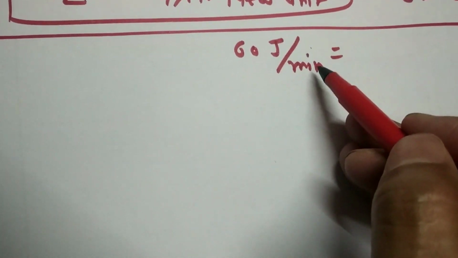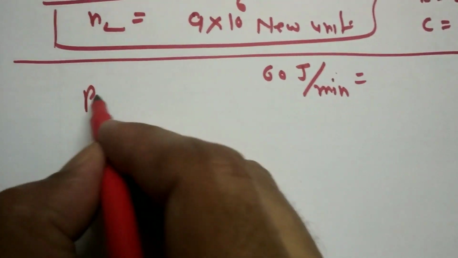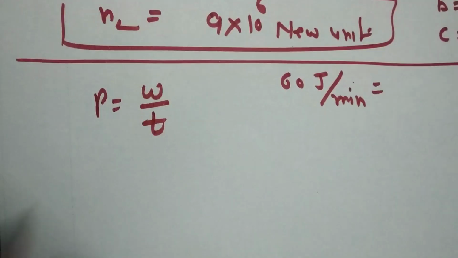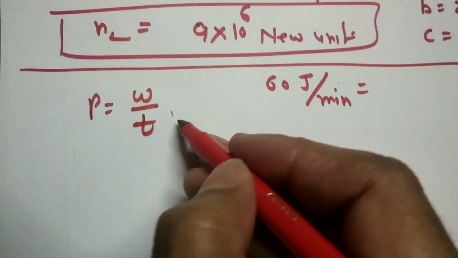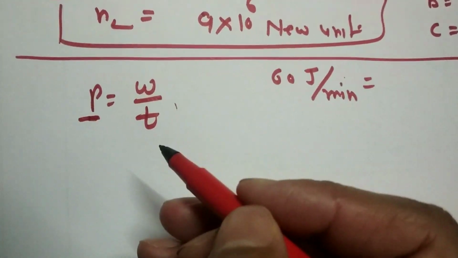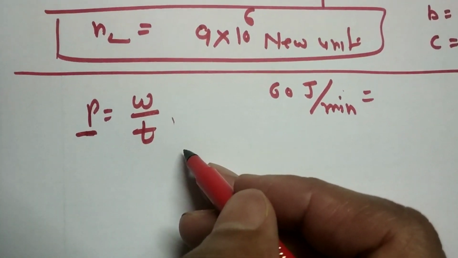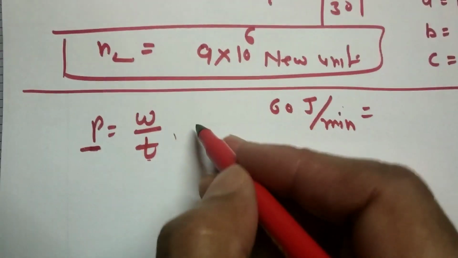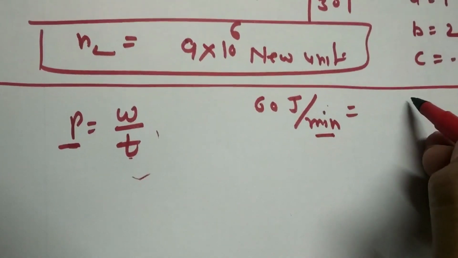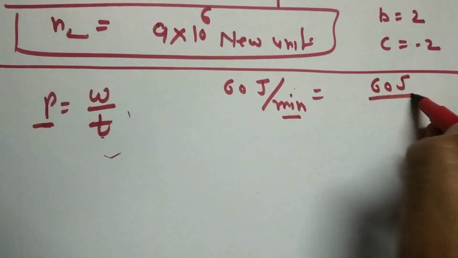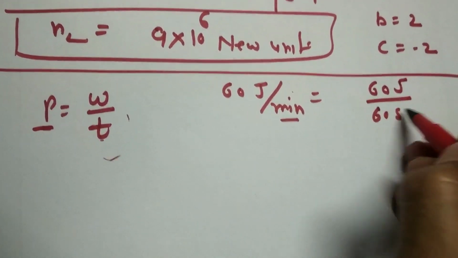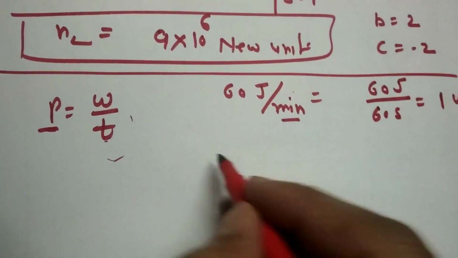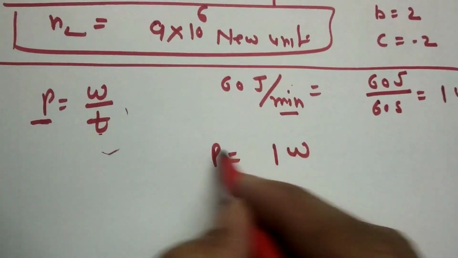Work upon time is power, and the formula of power is W upon T. We can convert into watt also, so watt equals joule per second. So we convert 60 joule upon 60 second. It will be 1 watt. It means power is 1 watt.